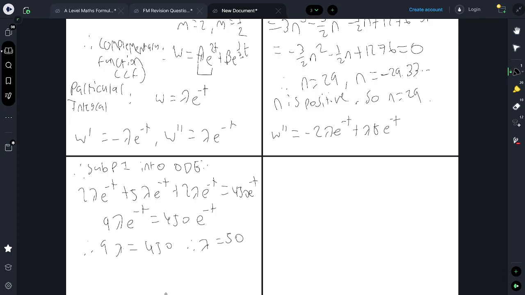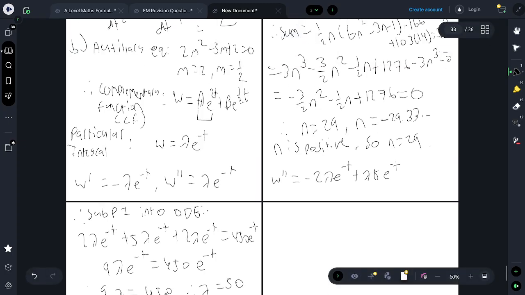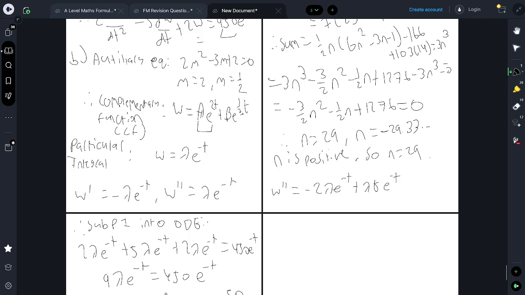Okay. So to clarify again, with particular integrals, if it's exactly the same, if you had an e to the minus t, so minus 1 was the root, then you would have to tag on a t. But yes, they look similar, but the exponents are not the same. So you don't have to tag on a t, okay?